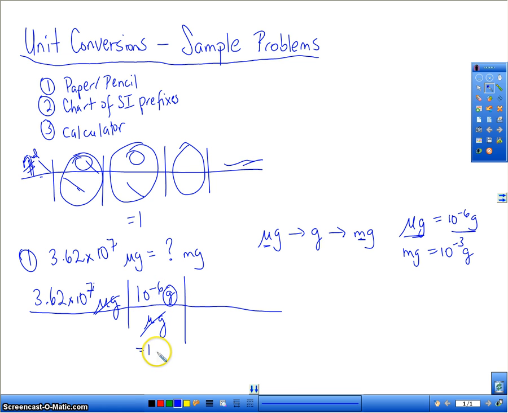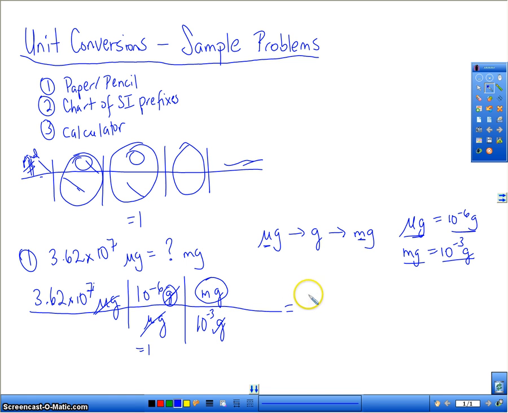Now I want to get into the unit of milligrams, so I'm going to put grams on the bottom and milligrams on the top. Since a milligram is 10 to the minus 3 grams, I'll place the 10 to the minus 3 on the bottom. That way the grams will cancel, and I'll be left with milligrams, which is what I'm interested in. I have canceled from micro to milli, and now I just need to multiply all of this out.